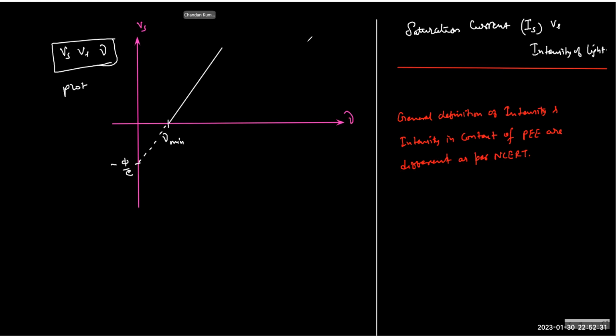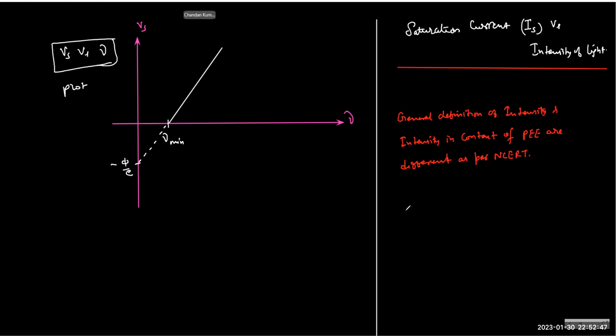So if you are studying modern physics and the word intensity comes, there the intensity refers to photon intensity, not the energy intensity.